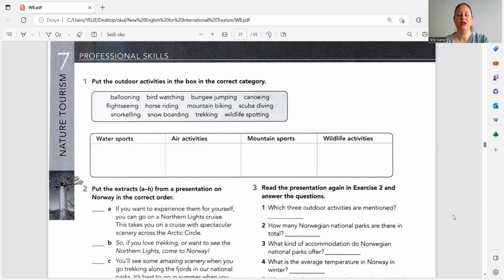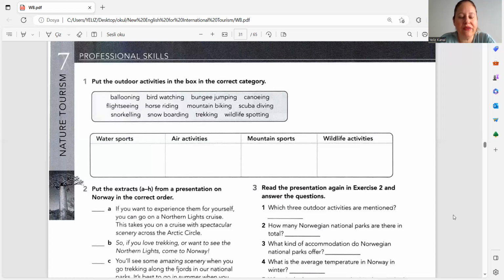All right. So, as for the water sports, what do we have? The first one I can see is, what is that? Canoeing. Is that the water sport, canoeing? Yes, it is. We have canoeing. And what else? For water sports, we have scuba diving, right?